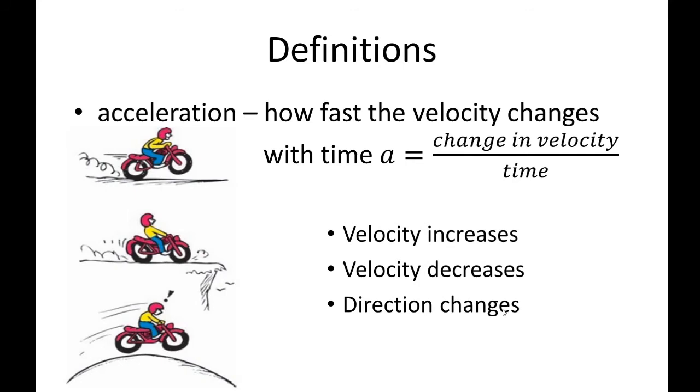You're changing your velocity because you're changing the direction of your speed, then your velocity changes, then there is acceleration. So all you have to remember is that if velocity changes, be it the magnitude by decreasing or increasing, or be it the direction or the change in direction, then there is acceleration.